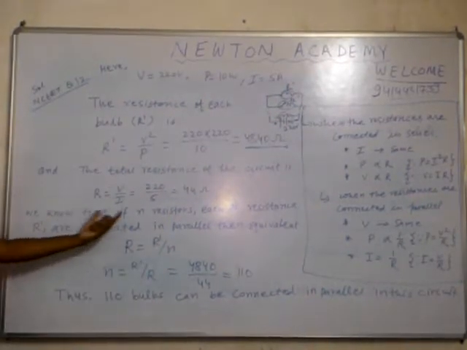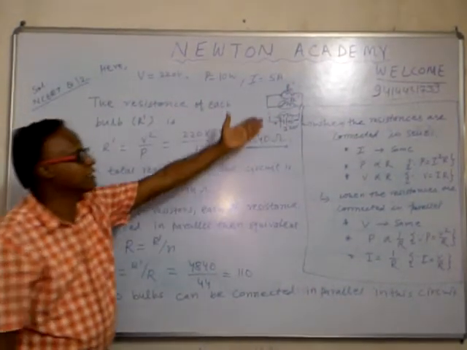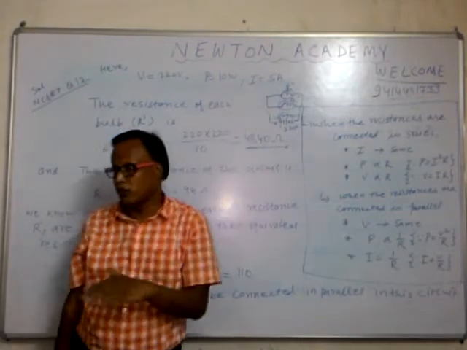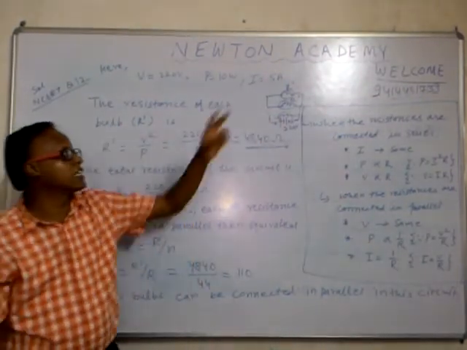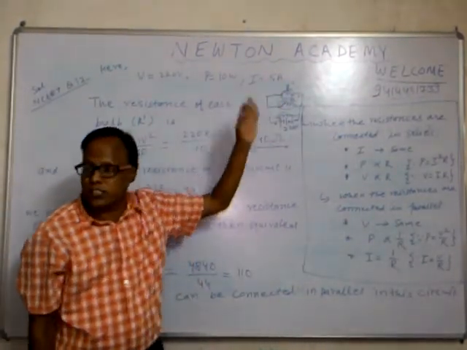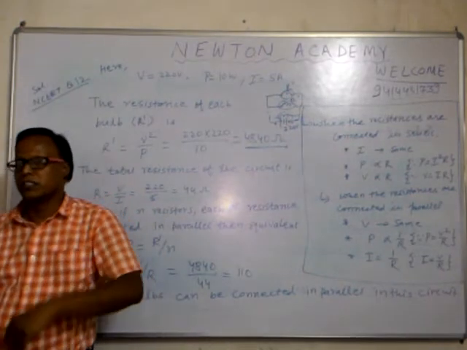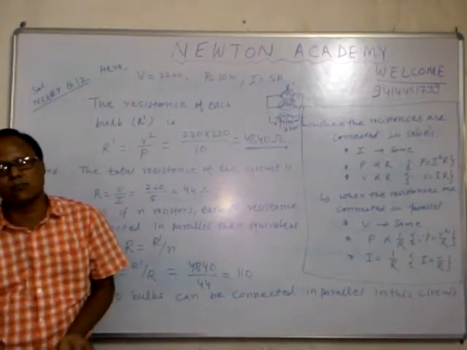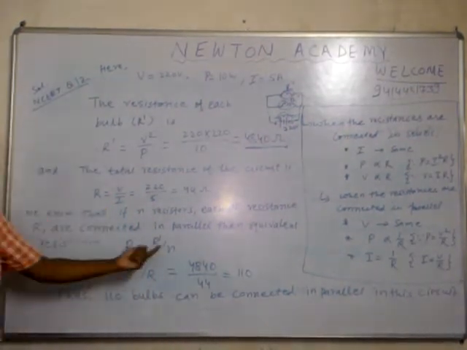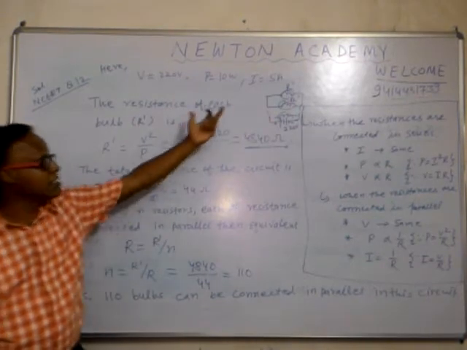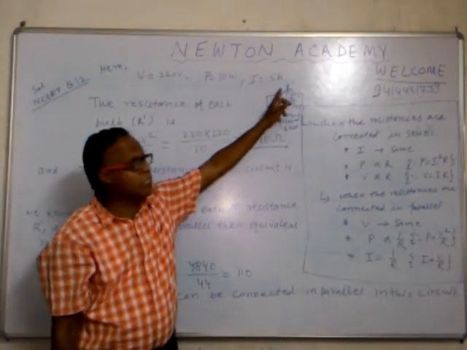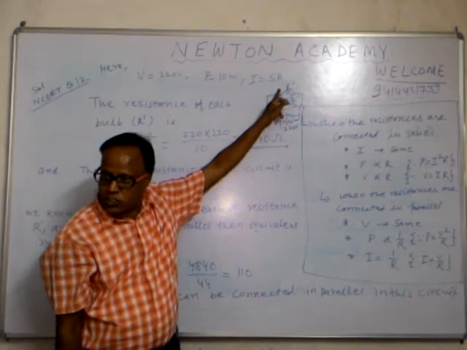So let n resistors be connected. We know that when n resistors, with the resistance of each resistor remaining the same, are connected in parallel, the net resistance is given by R by N. In this situation the resistance of each resistor is R dash.